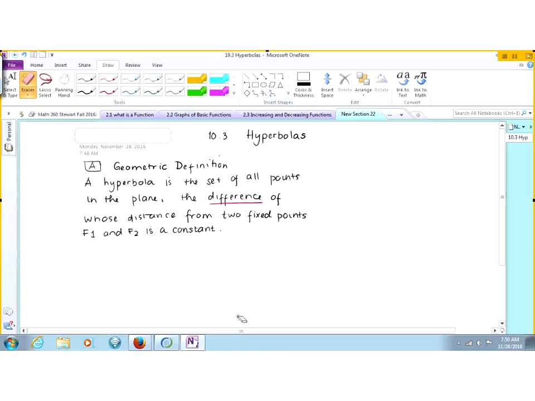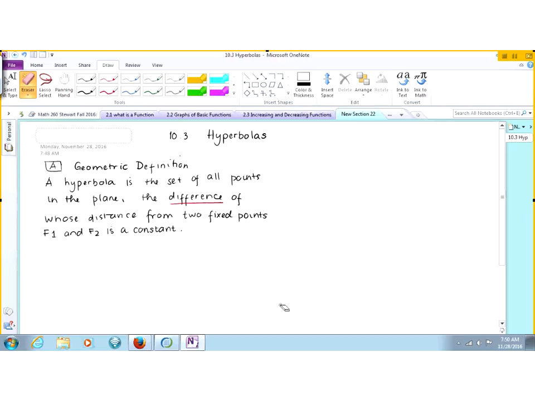The hyperbola looks like this, here and here, and your foci are located here.